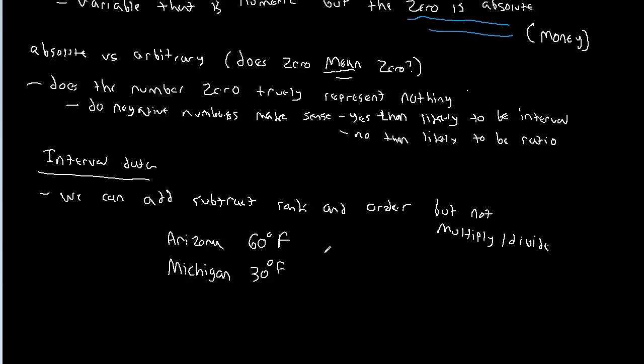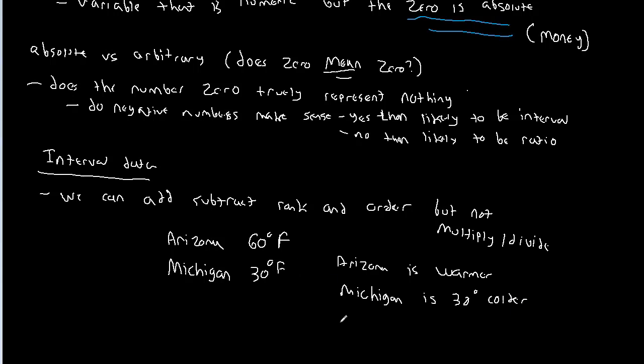We can say things like Arizona is warmer. That is a ranking or an order. That is a true statement. We can say things like Michigan is 30 degrees colder. That is adding or subtracting.